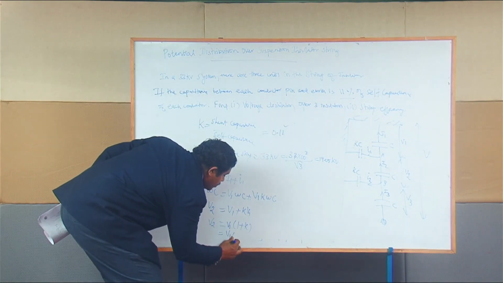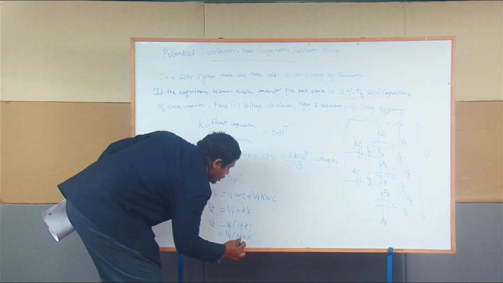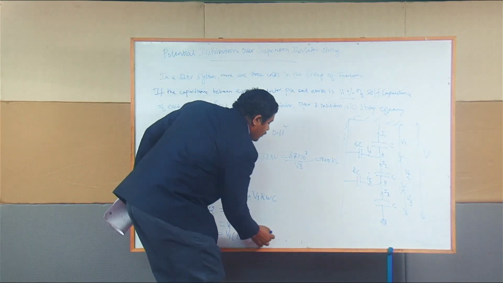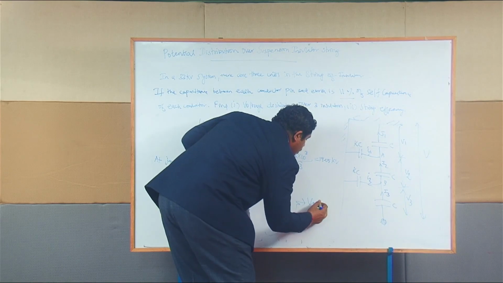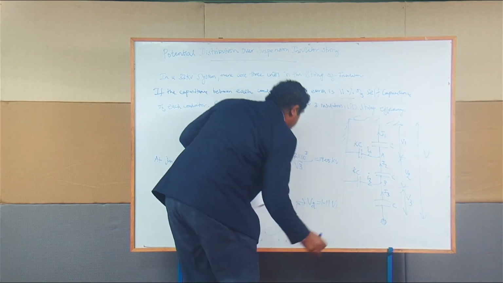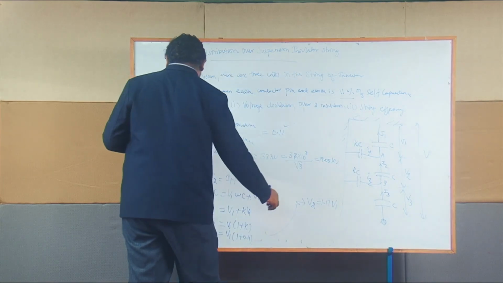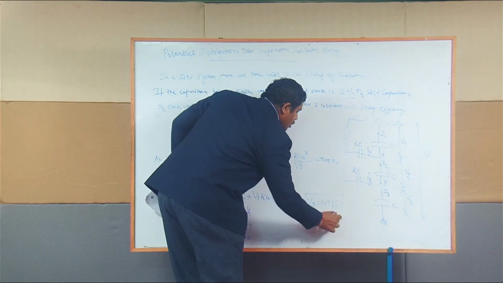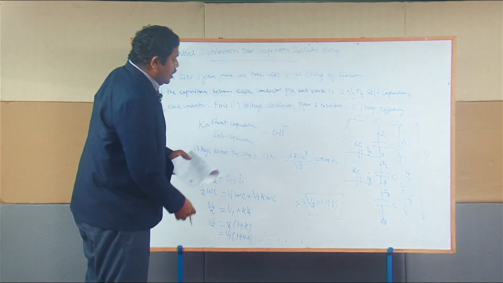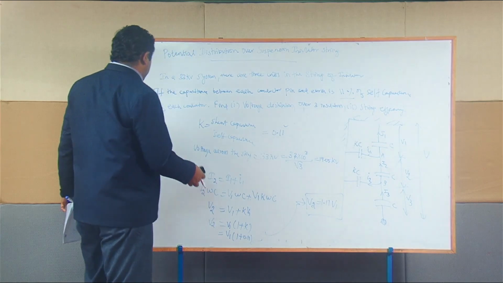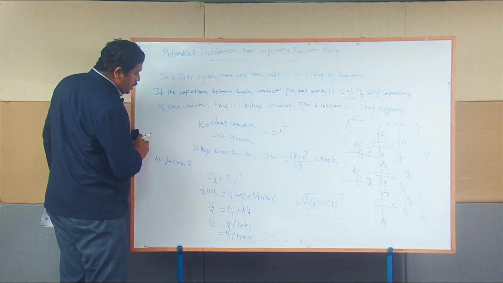So V1 into 1 plus 0.11. So now we have found V2 equal to 1.11 V1. We have calculated V2 as 1.11 V1.